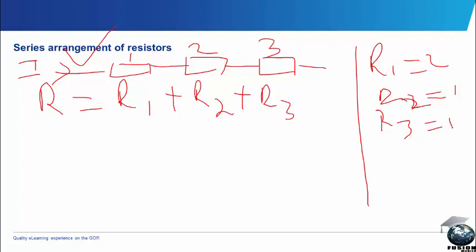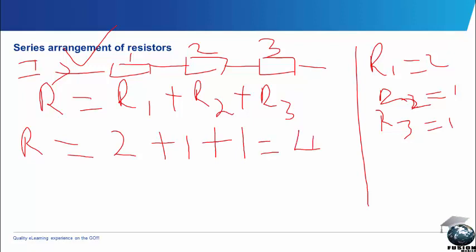As long as they are in series, my total resistance R is equal to 2 plus 1 plus 1, which is equal to 4 ohms. Ohms is the SI unit of resistance.